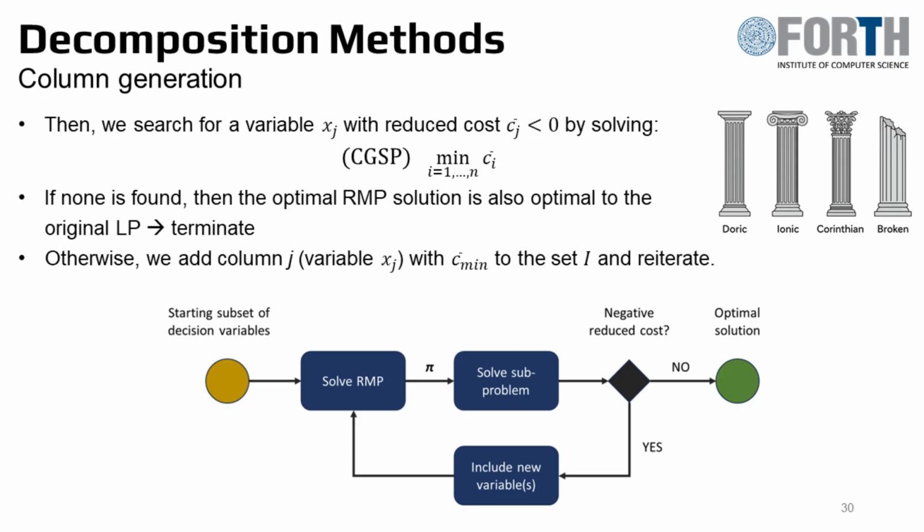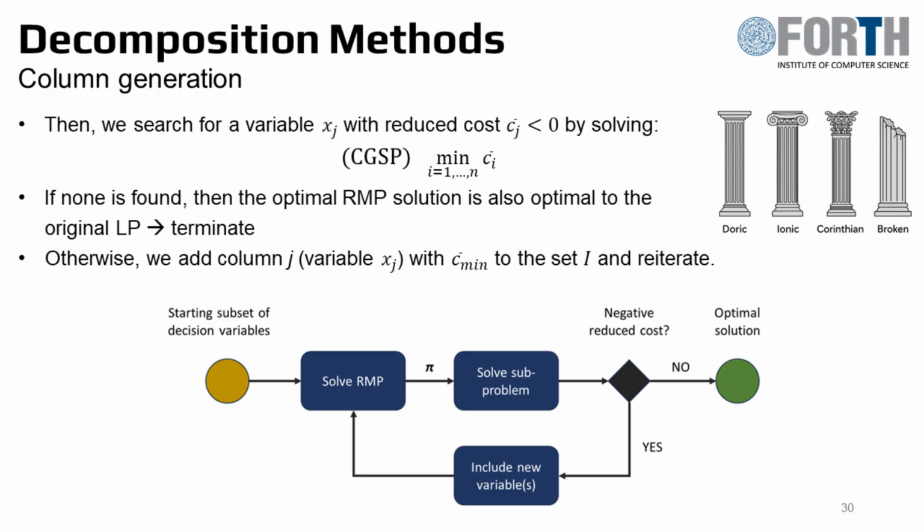Otherwise, we proceed as follows. First, identify the column j with the most negative reduced cost. Then add this column corresponding to variable x_j to the index set I. Finally, resolve the restricted master problem with the expanded column set. This creates an iterative loop.